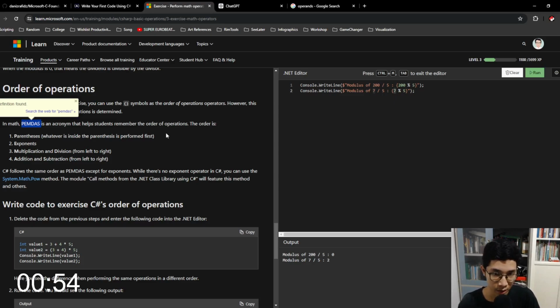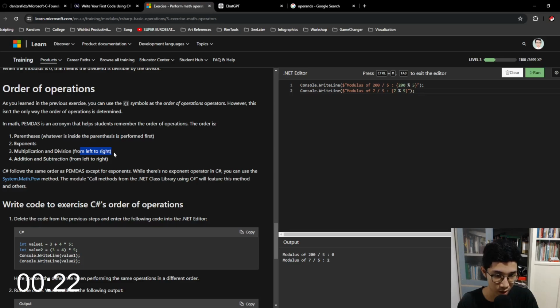It should start with parentheses, and then multiplication, then division. Oh yeah, the exponent. If you have an exponent there, and then go to multiplication, division, addition, and the last is subtraction. Is it right? Yes, that's right.